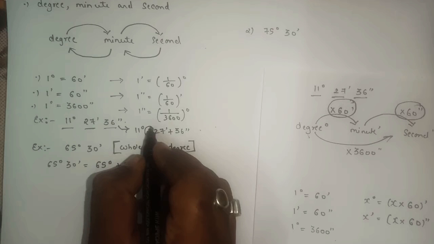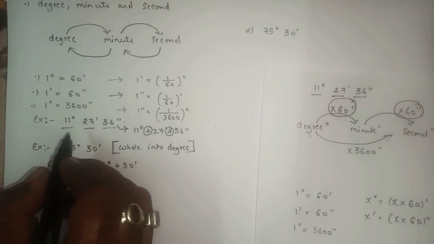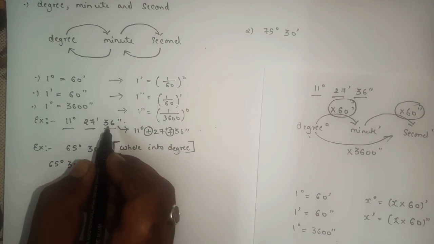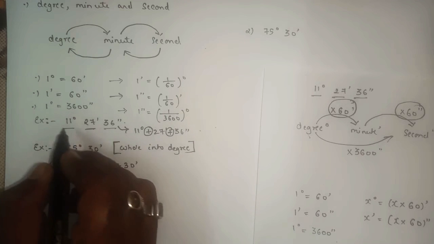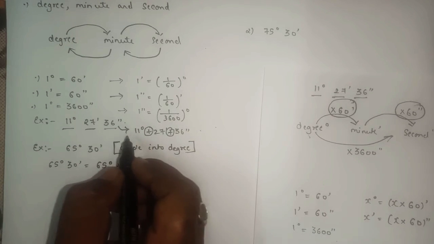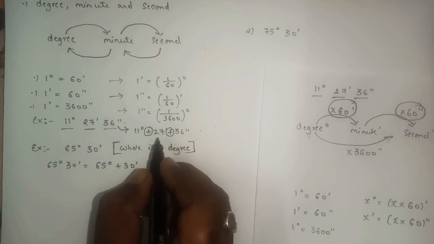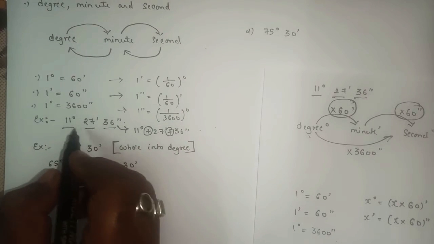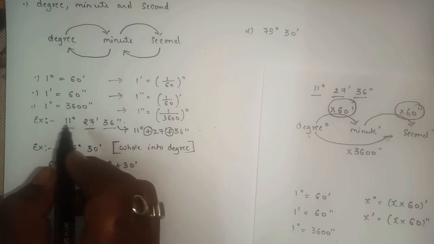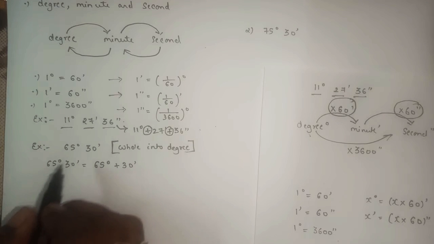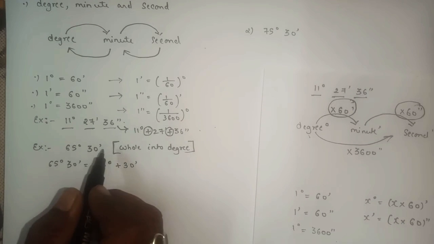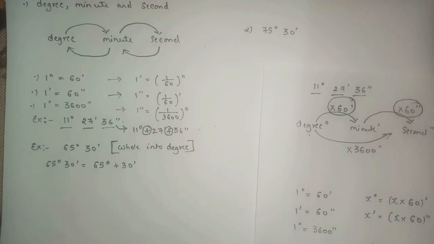If you remove this plus, we read it as 11 degree 27 minute and 36 second. This step we can write as 11 degree plus 27. So the relation between these two numbers is plus. Remember, whenever you have a degree, minute and second, the relation between them will be plus.